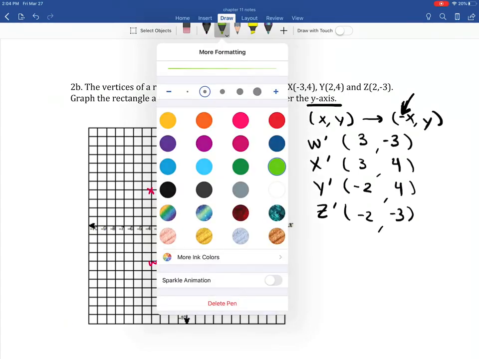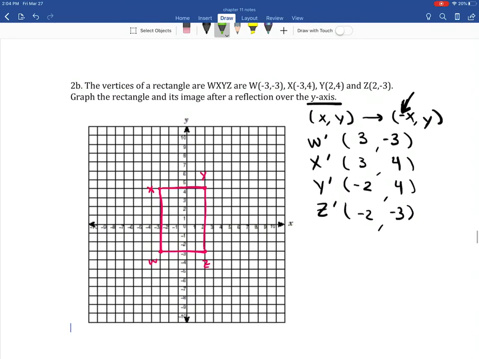So I'm going to go ahead and graph this one in green now. I'm going to be at (3, -3). So you can kind of see it flopped from one side to the other. X is going to be at (3, 4). So again, it flopped from here to here. Y is at (-2, 4), and Z is at (-2, -3).